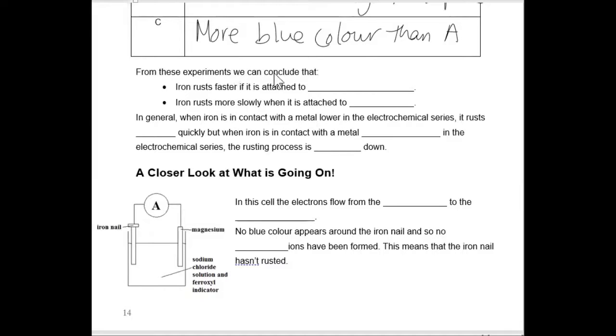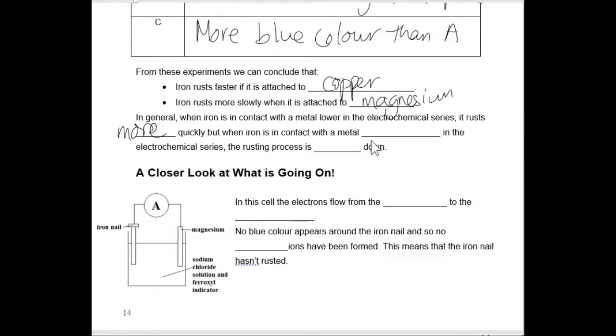From these experiments, I can conclude that iron rusts faster if it's attached to copper. Iron rusts more slowly when it's attached to magnesium. In general, when the iron is in contact with a metal lower in the electrochemical series, it rusts more quickly.